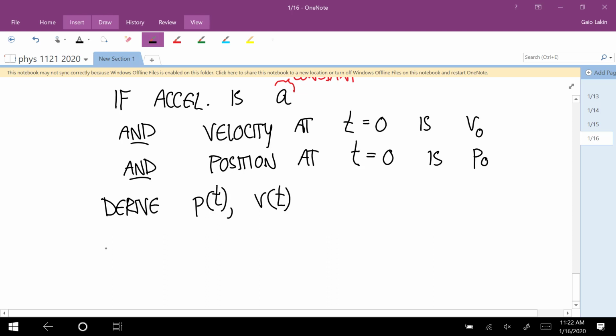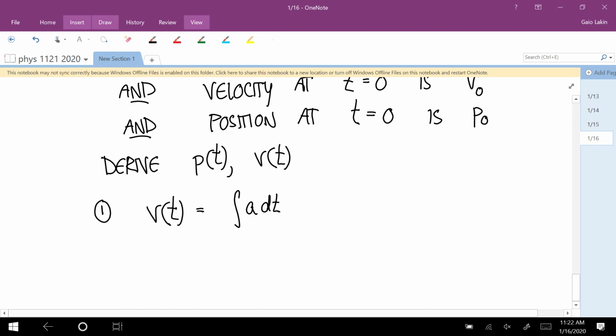Okay, so the first step, we know that the velocity is the integral of a dt. That's what we had before. The only difference is this time that a is a constant. We don't have to worry about that being a function. So when you integrate this, you get at plus c.